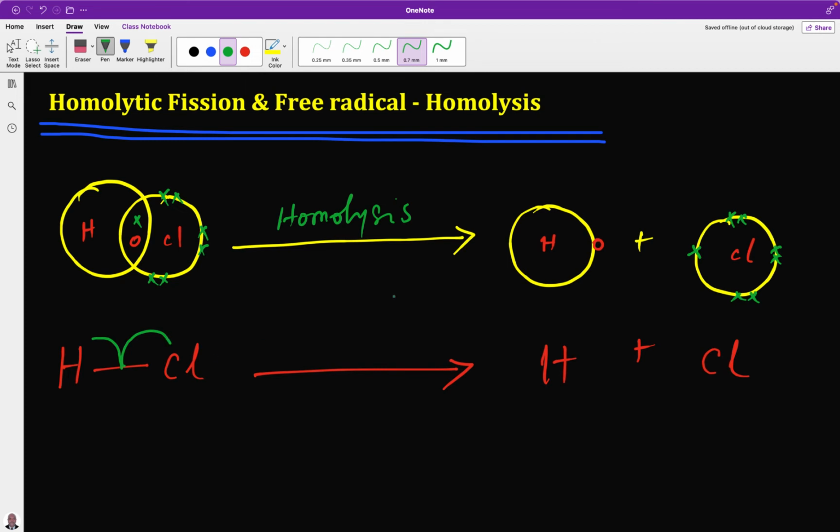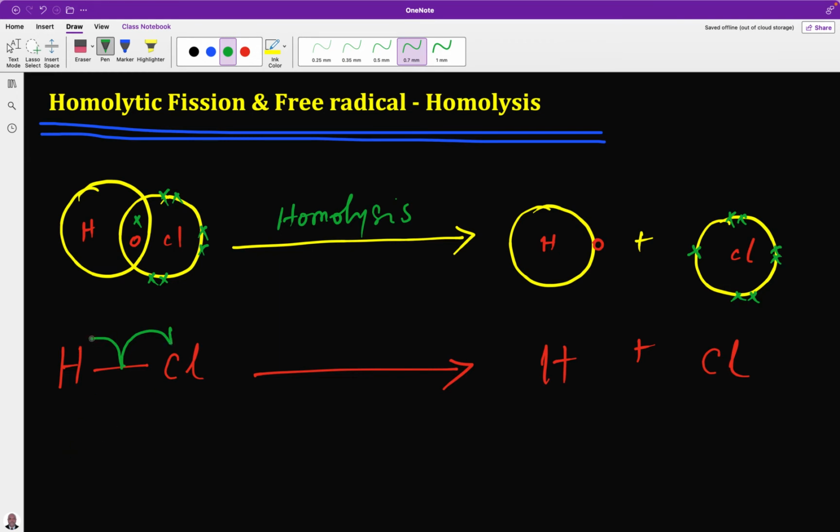As I told you, the curly arrow which is double-headed refers to a pair of electrons. But if it is only a half-headed arrow, it means only one electron. So in this case, this type of arrow means only one electron is going one way.